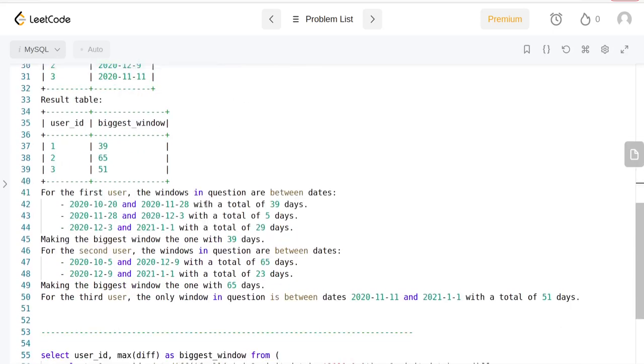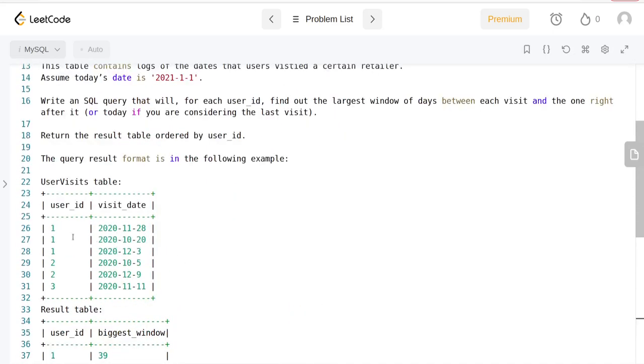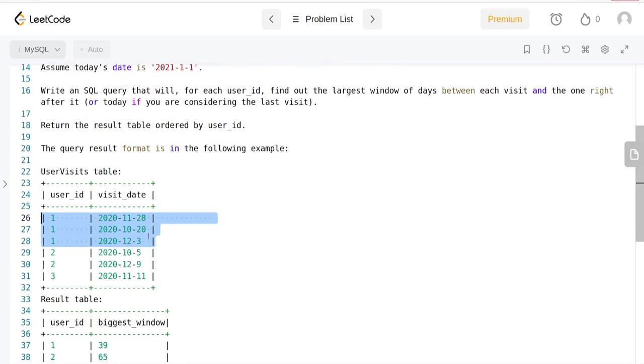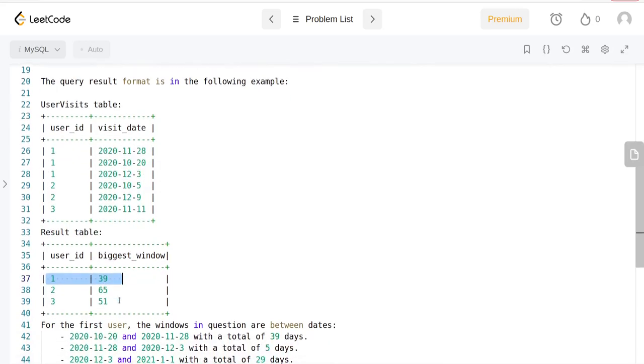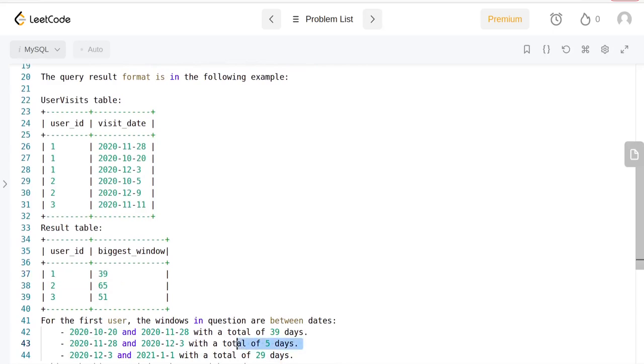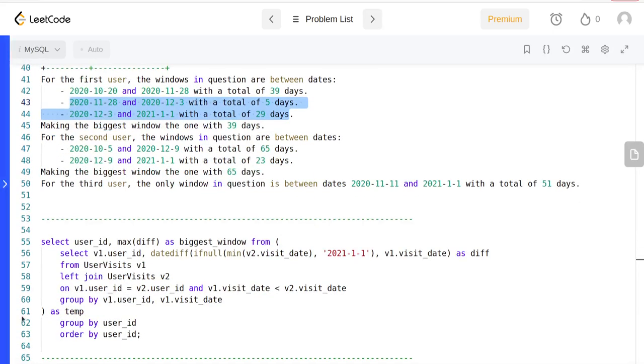So for a particular user, we have the differences. Basically this user 1 is going to have an entry 35, an entry 5, and an entry 29.